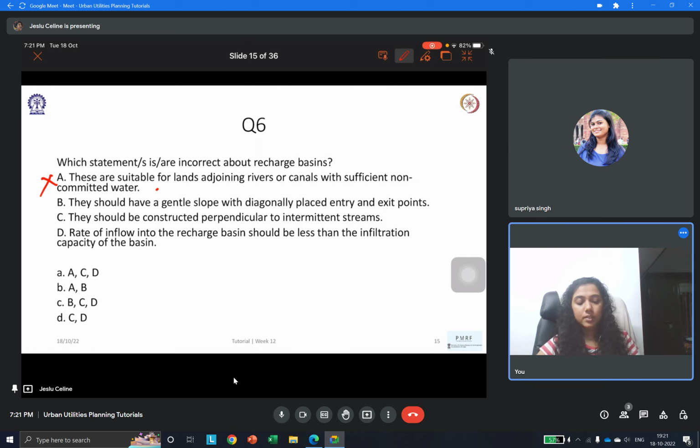So here we are talking about recharge basins, that means underground water recharge. Next to rivers and canals, it is surface water that is there, not the aquifer or underground water. That the water table will be high need not be valid everywhere.